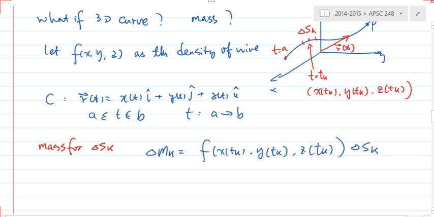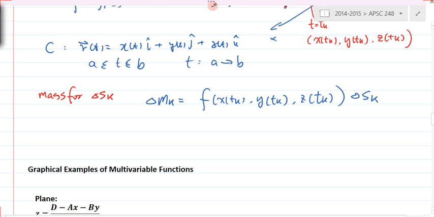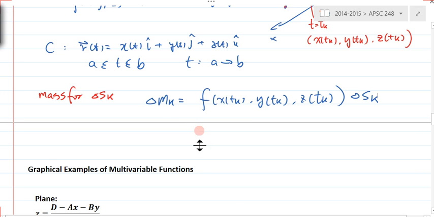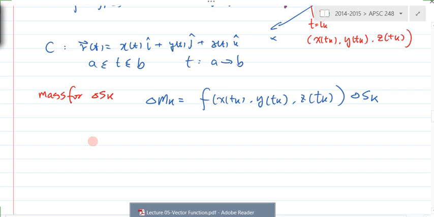And if we're looking for the total mass of the wire, suppose we have n number of segments.